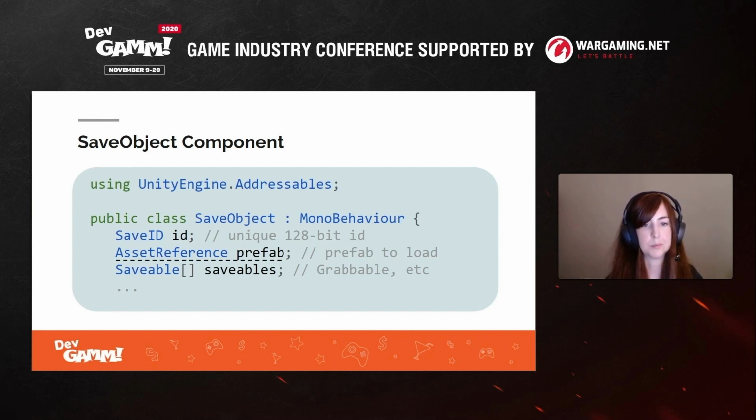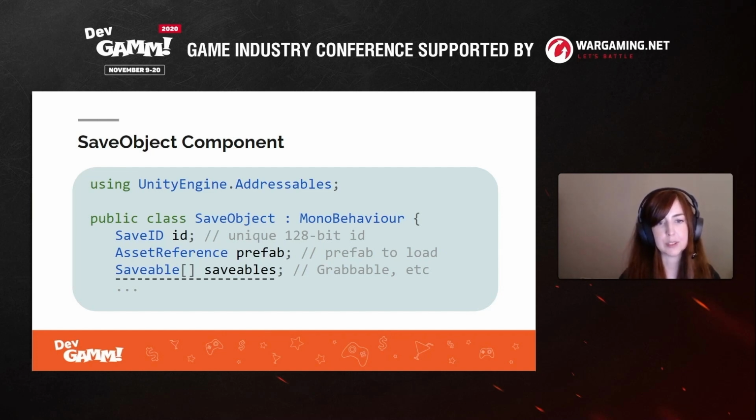This is a reference to the prefab that this save object is part of. And then there is the array containing the saveable components that belong to the save object. That array is automatically populated and saved when you edit the prefab, so that we don't have to call GetComponent to find them during runtime.